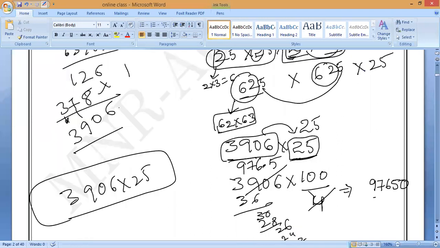625 into 625. 5 into 5 is 25. 62 into 63, what is the answer? Not 97,000 or 76,500, that is wrong. Let us check it.